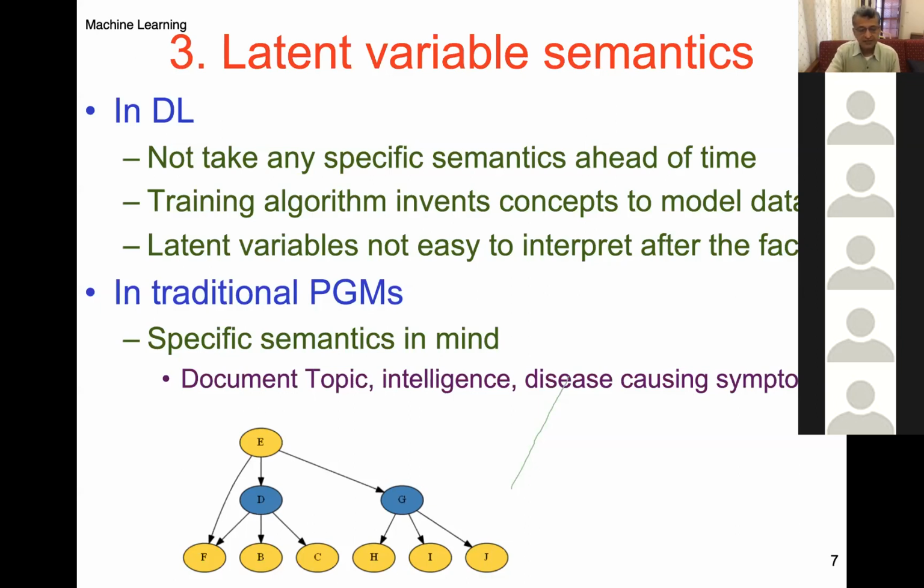For instance, we might have all these variables that we are observing, F, B, C, H, I. And maybe it's a supervised problem also, we know this value also, but there are a couple of variables in between here that may be latent variables. So what could those mean? Let's say intelligence.